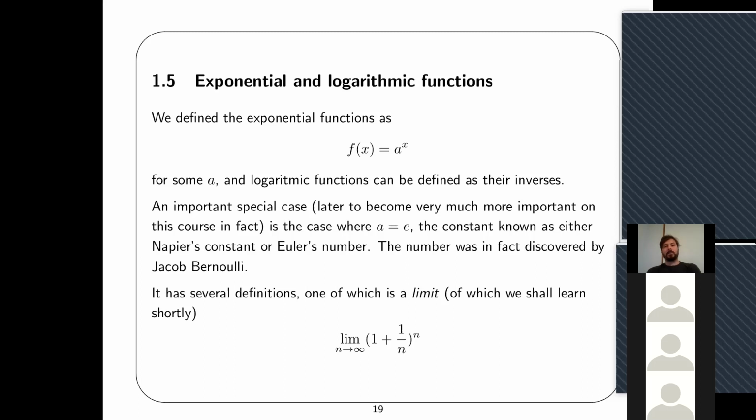One of the classical ones is the limit, which we don't know how to define yet, but we can learn how to define limits, is the limit of 1 plus 1 over n to the power of n as n approaches infinity. So the history of this formula of how this E was defined was that people were studying compound interests.